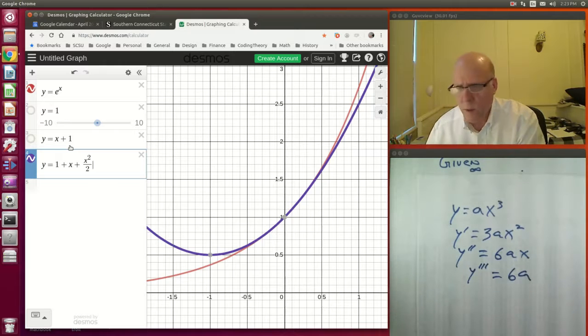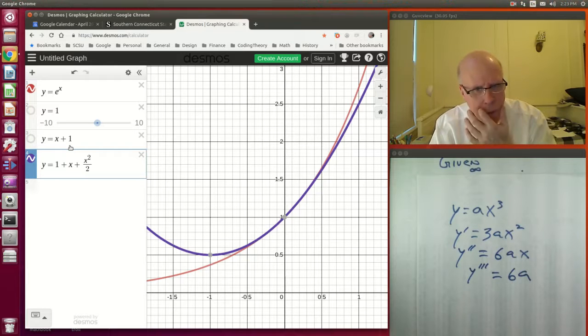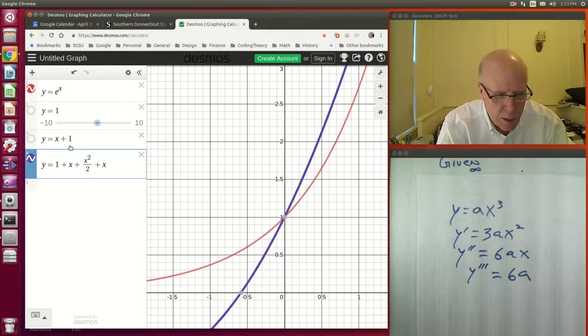So the derivative is 6 times the coefficient. I want the derivative to be 1, so the coefficient is going to need to be 1/6. So let's throw that one in here, plus x to the 3 divided by 6.